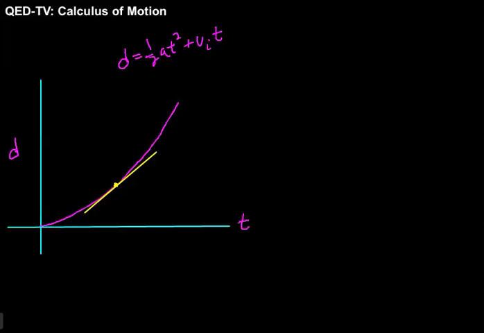So what we need to do is apply basically the same calculus that we did last time. I'm going to say that this point here is where I want to figure out what the velocity is. We'll say that that's at time, and we'll just call it t to make it easy. We could do t naught, but we'll just call it at time t. And what I need is 2 points for a slope.